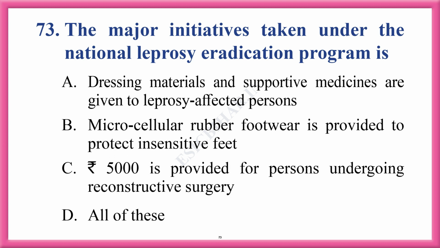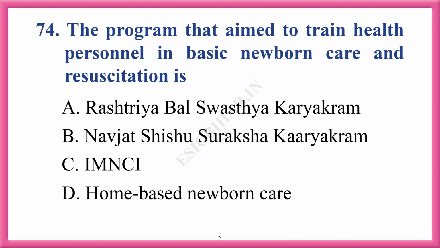B. Microcellular rubber footwear is provided to protect insensitive feet. C. Rupees 5,000 is provided for persons undergoing reconstructive surgery. D. All of these. And the answer is D. All of these.